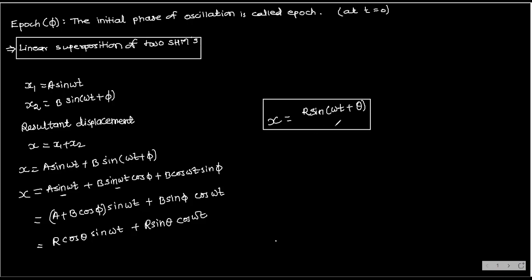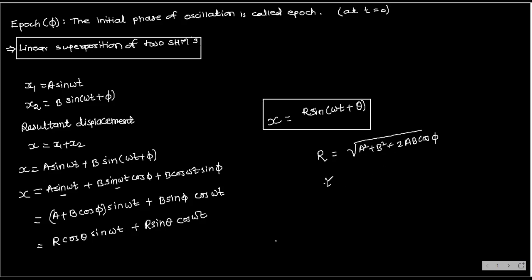And therefore, if I want these two, that is R is equal to under root of A square plus B square plus 2AB cos phi.